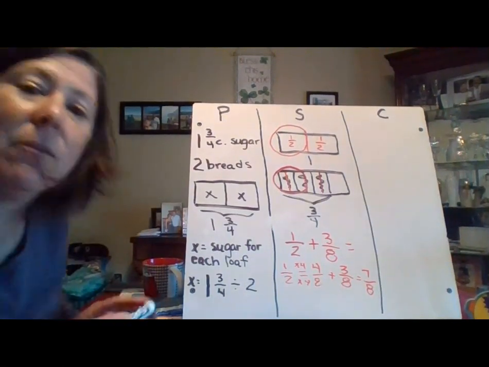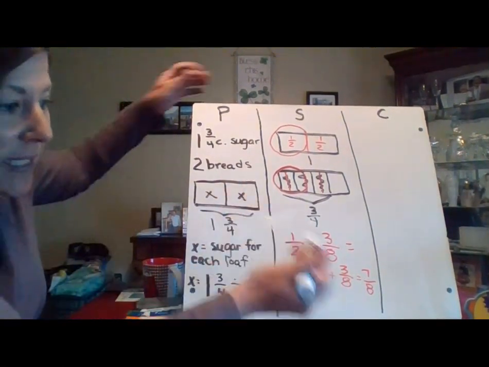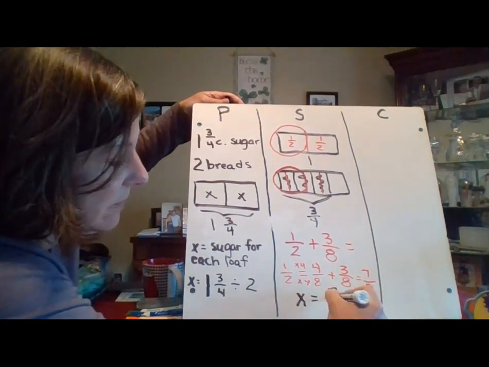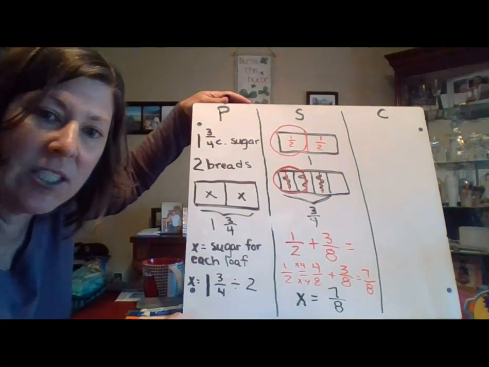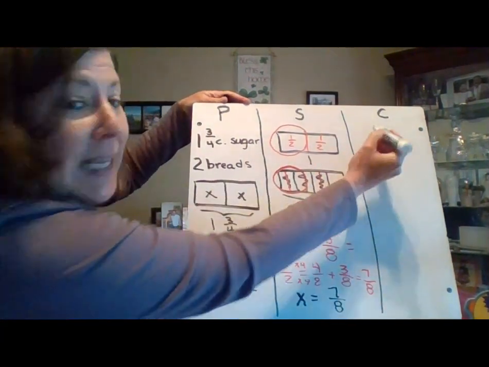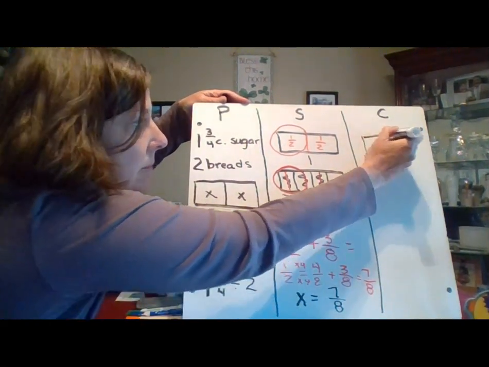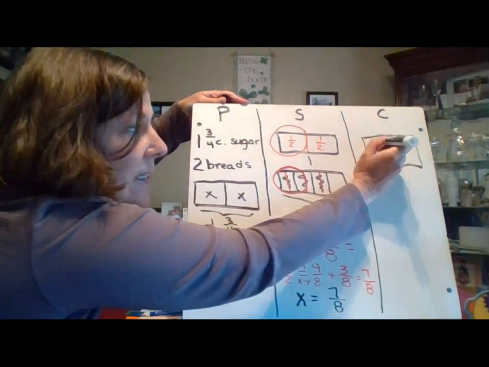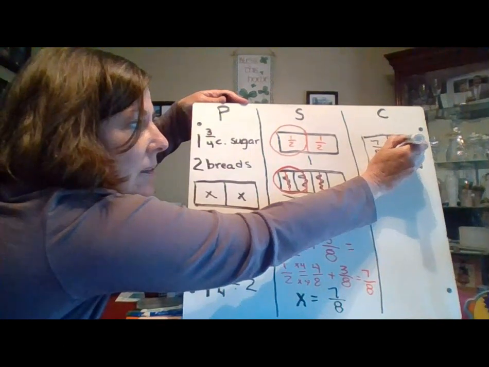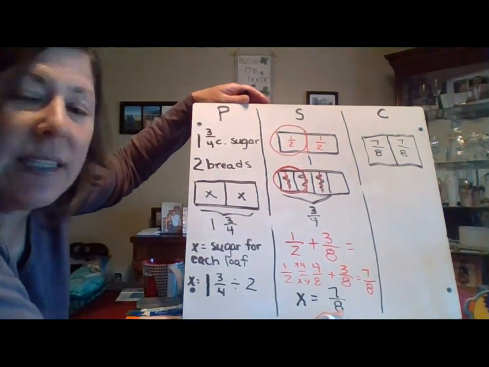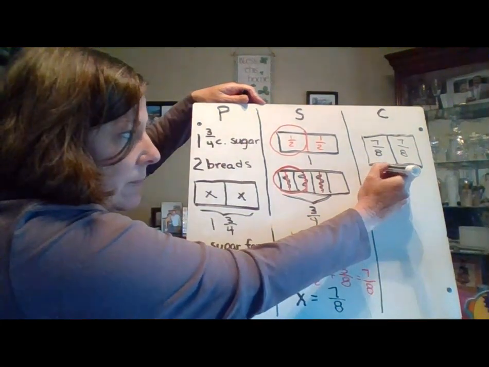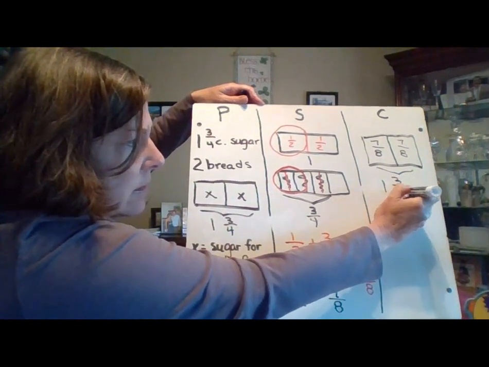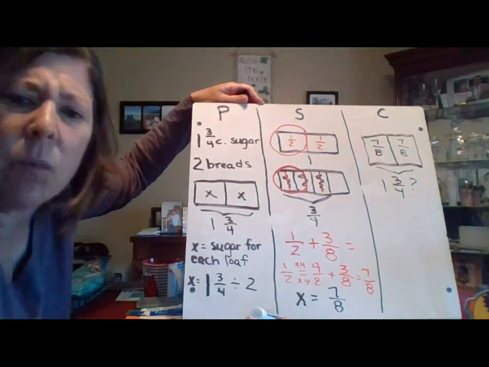Well, now I'm going to check myself because I'm saying that X is equal to 7/8. So that means if I were to go back to my tape diagram, that means 7/8 here and 7/8 here, and that's supposed to equal 1 3/4.